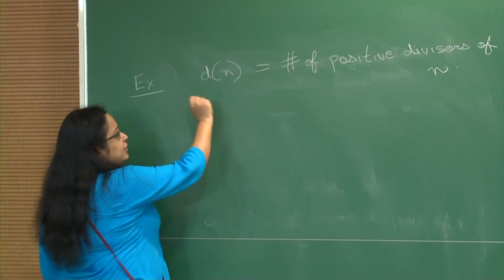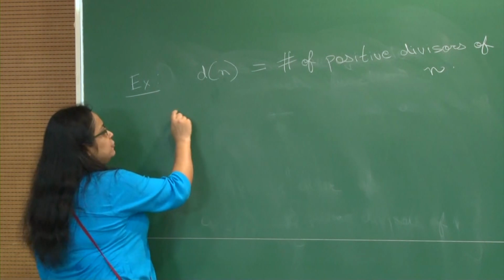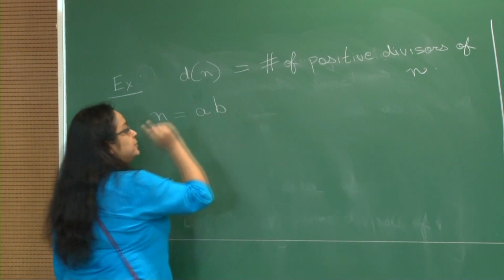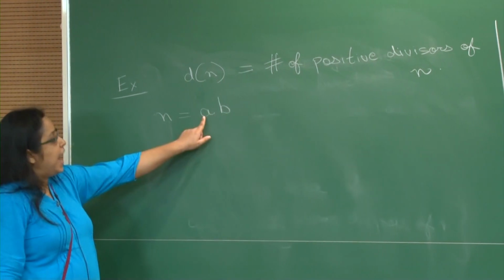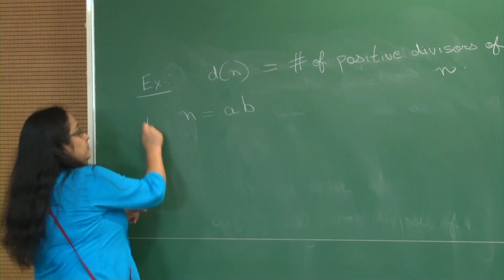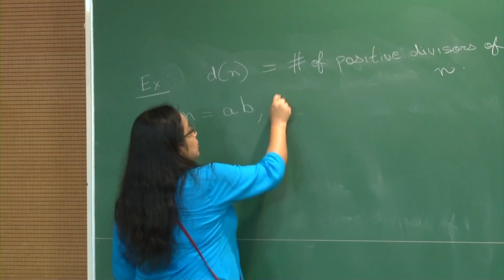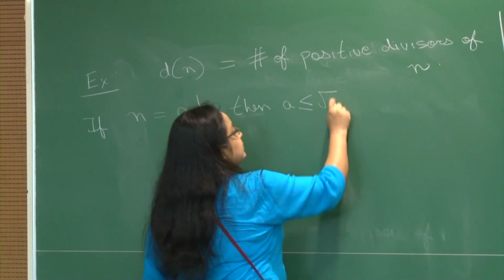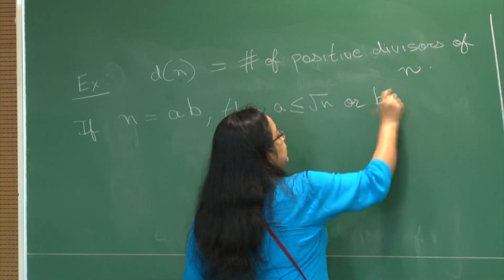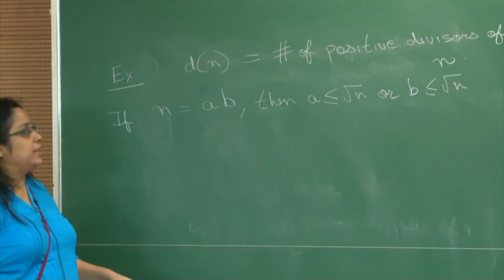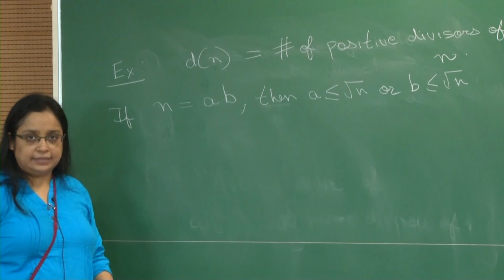Now, at a very elementary level, suppose you write n equal to a times b, then either a has to be less than or equal to root of n, or b has to be less than or equal to root of n. If they are both greater than root n, their product has to be greater than n.